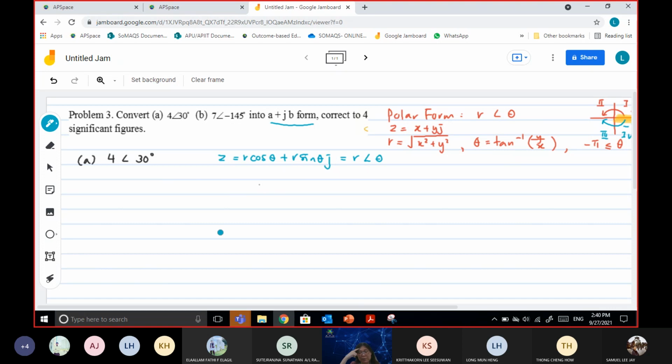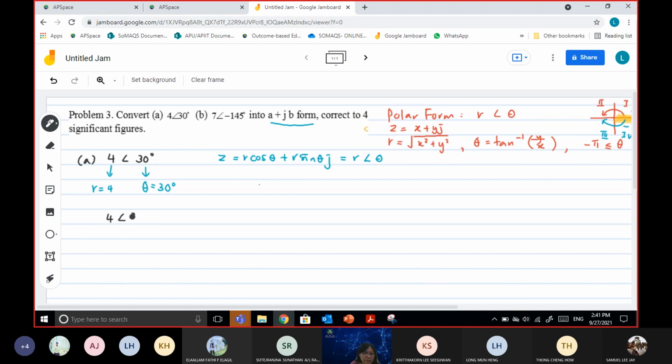If you want to express it in the a plus jb form, you need to know what r and theta are. In this case r is 4 and theta is 30 degrees, so this one will be much easier.